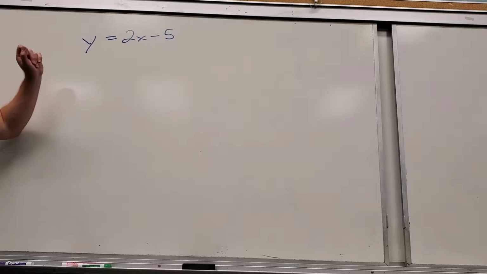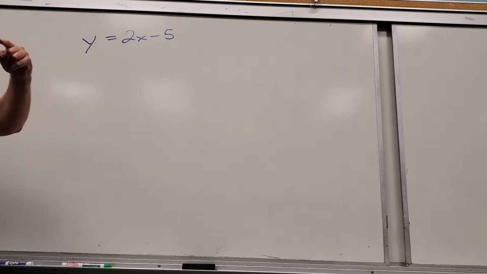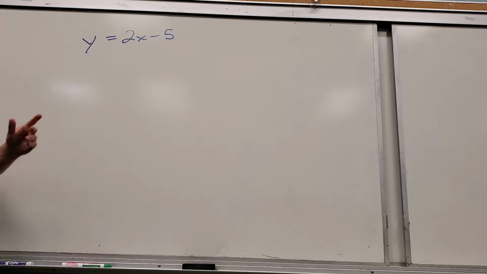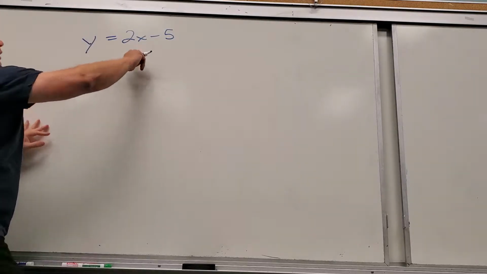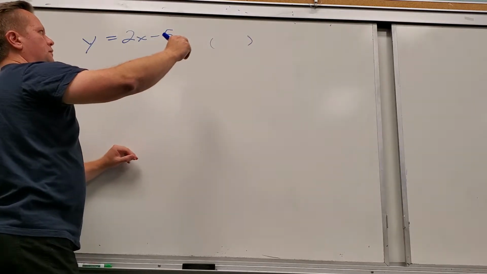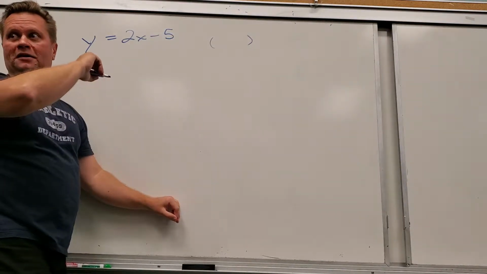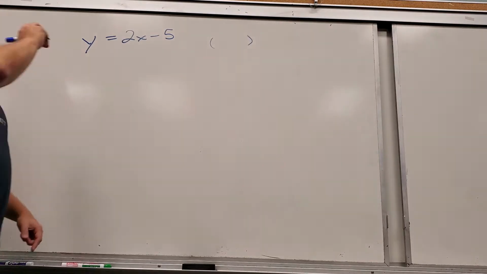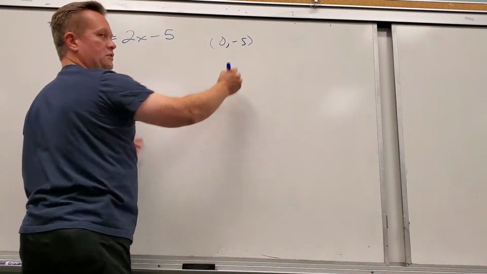Since there's two unknowns, if I give one more piece of information, I normally can figure out both things. So for example, somebody give me some answers to this. Yeah, 0, -5 is an answer to this, right?